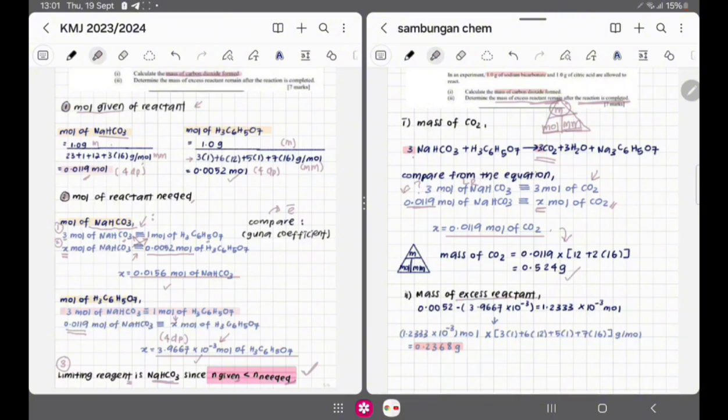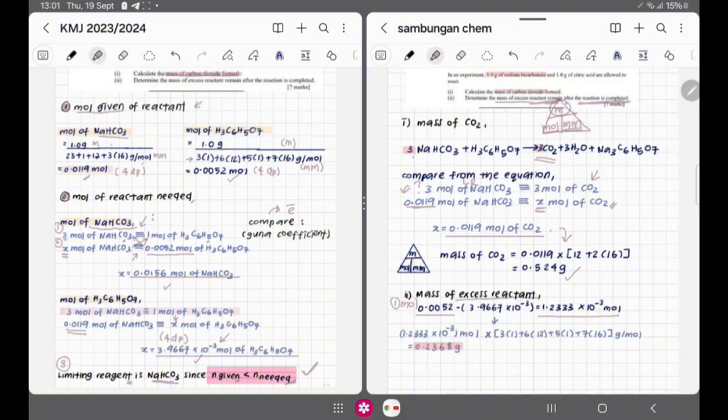So therefore, kalau kita nak dapatkan mass of excess reactant tu, first kita start daripada mole. So mole of given 0.0052, maksudnya mole yang diorang guna tu kena tolak dengan mole yang sebenarnya diperlukan dalam eksperimen tu. So and then we will get the answer.